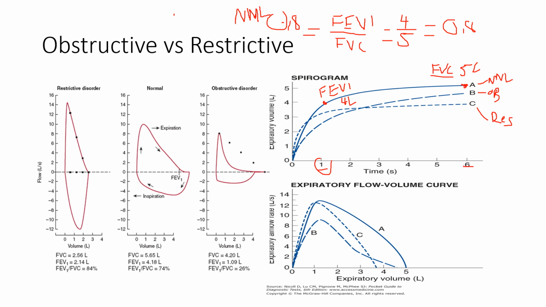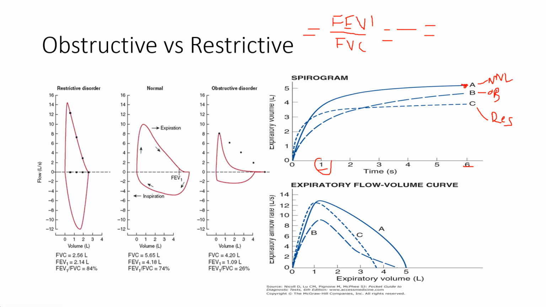Now, in an obstructive defect, this changes. So let's erase this here. Again, remember normal is 0.8.